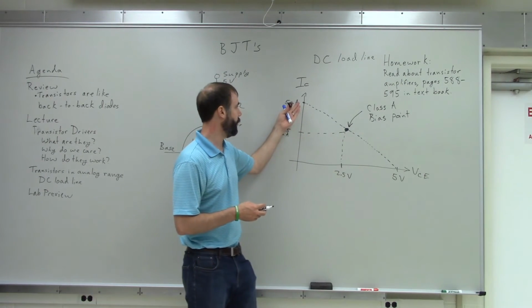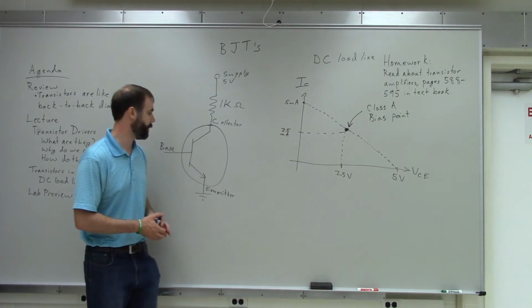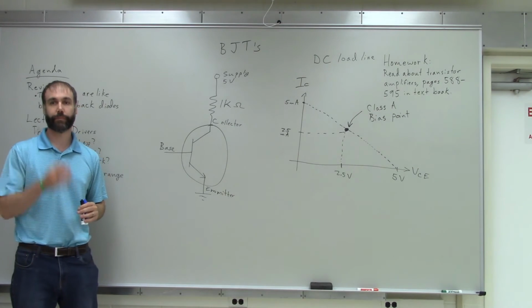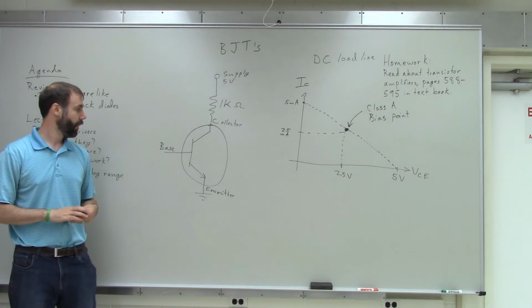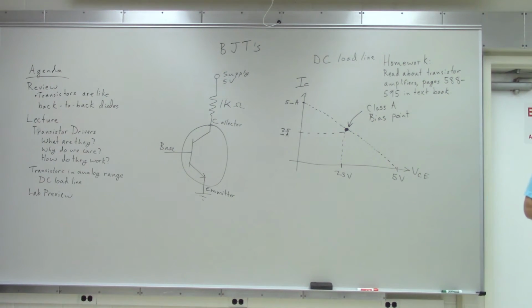If you have no voltage between the collector and the emitter, then the transistor is all the way on. Okay. Any questions about that? Okay.